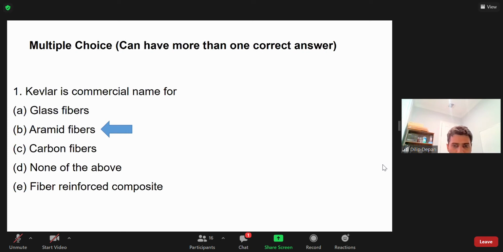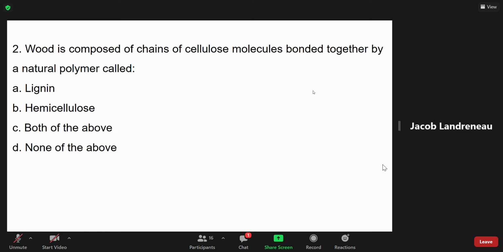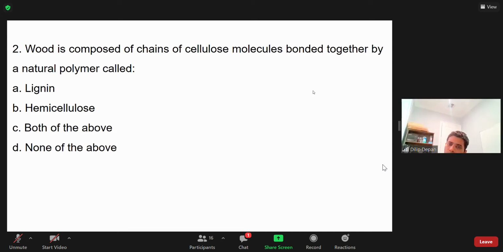All right, next question for Jacob. Wood is composed of chains of cellulose molecules bonded together by a natural polymer called... I'll go with A. So in wood, cellulose are bonded together by a natural polymer called lignin.